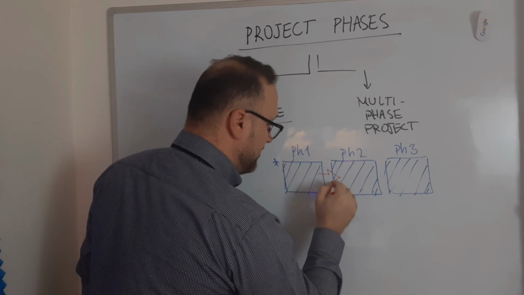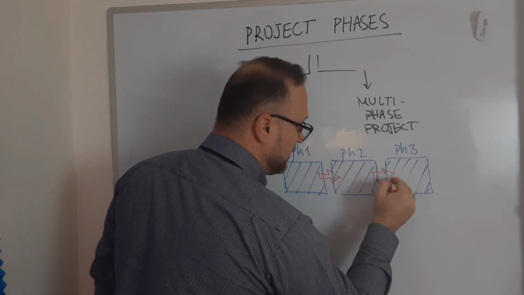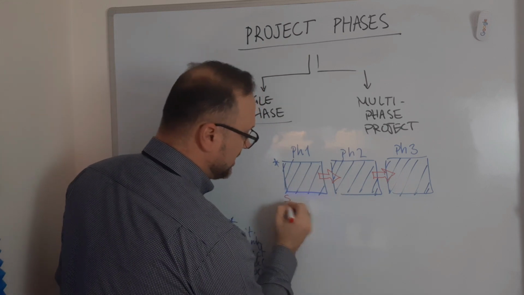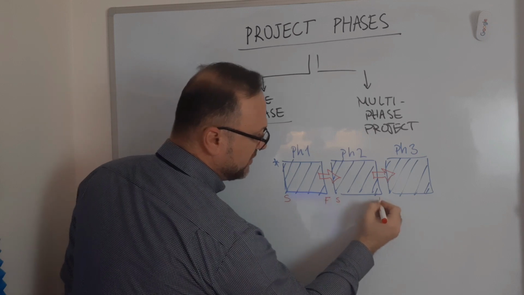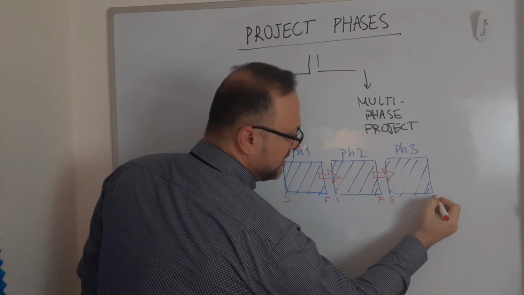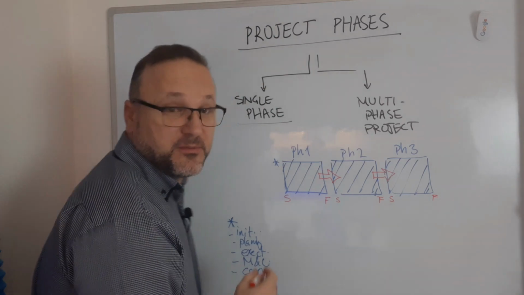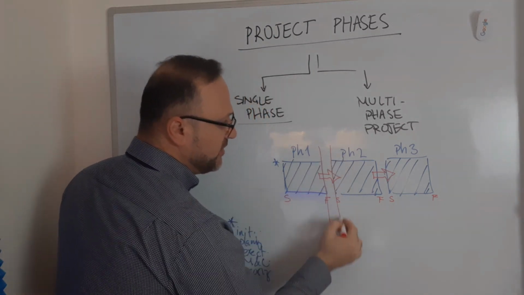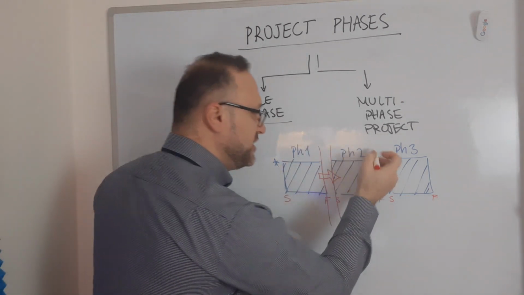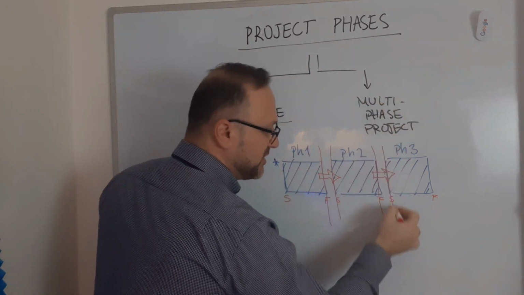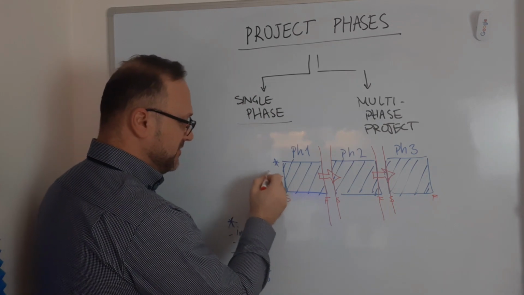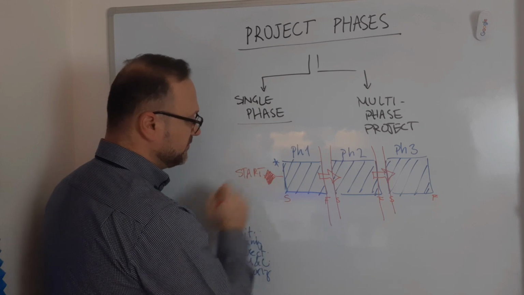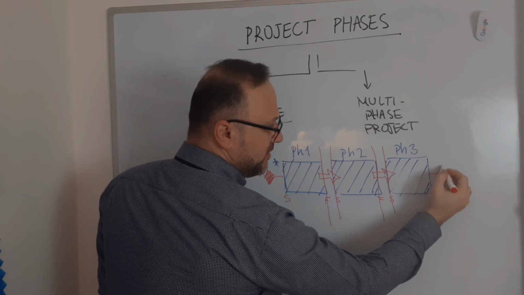That means I have a logical sequence here. When I have finish to start, that is start and finish, start and finish, start and finish. Once I finish phase 1 and then start with phase 2, finish phase 2 and then start with phase 3, this is the start of the project, and this is the end of the project.